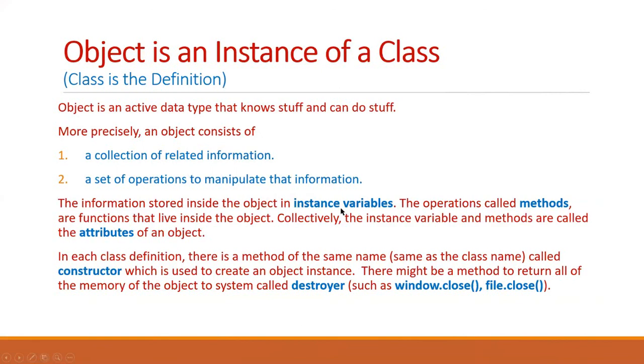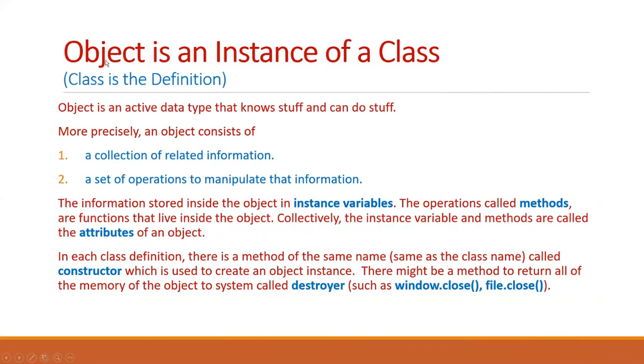So the data, the instance variable, should belong to an object, a circle or a rectangle. And the operations are called methods, and sometimes also called functions. These are the functions that live inside the object. So the methods and variables are the attributes of an object, or sometimes you would call them properties of an object.